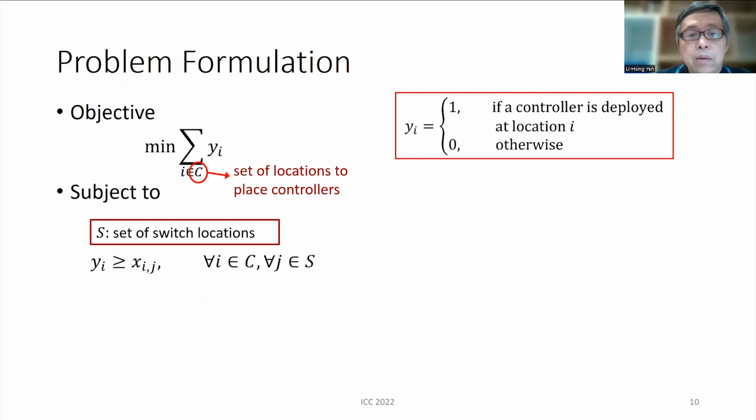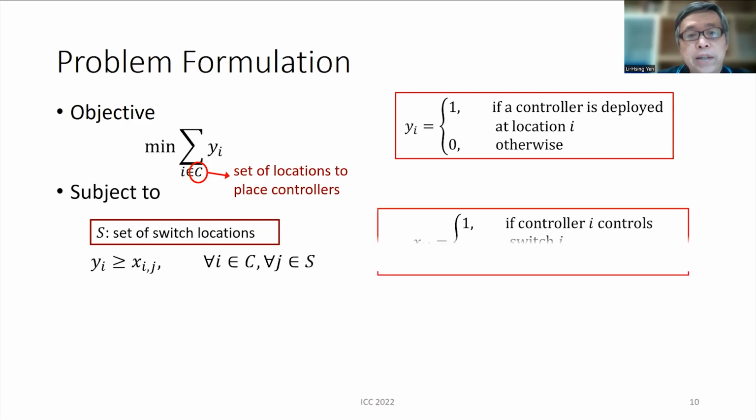For example, we should place a controller at location i so that the controller at location i could manage the switch at location j. Here, x_ij is an indicator of whether the controller at location i manages the switch at location j.